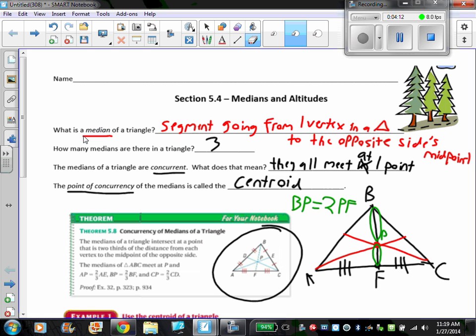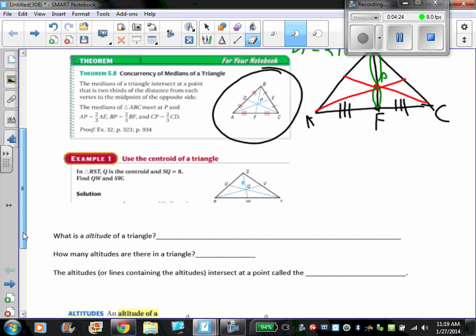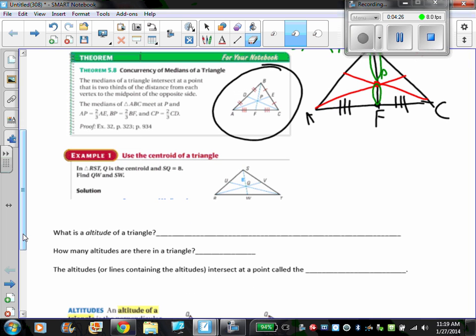You could do the same thing with the other medians, but it's always going to be true. A median is split into 2 pieces by the centroid. One is always twice as big as the other. So we can use that to our advantage, like in this example. In triangle RST, Q is the centroid and SQ is 8. Find QW and SW.